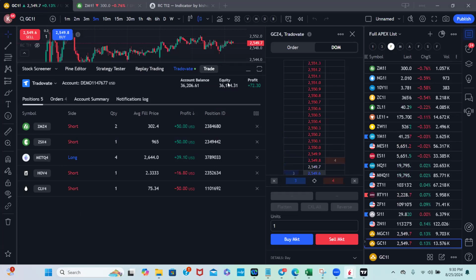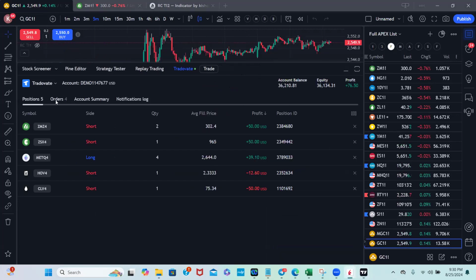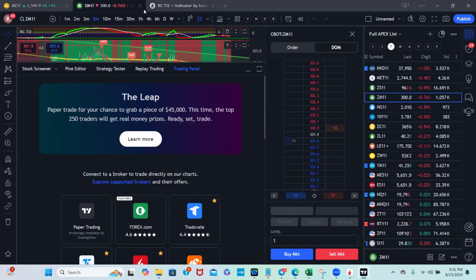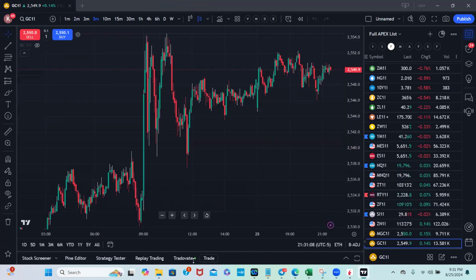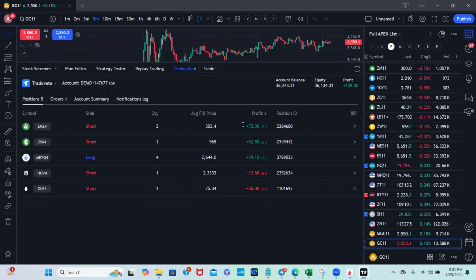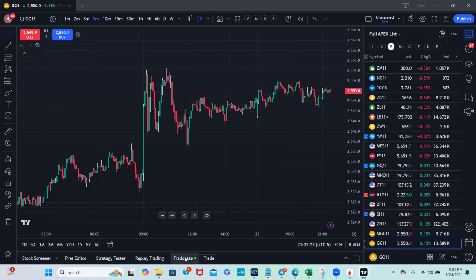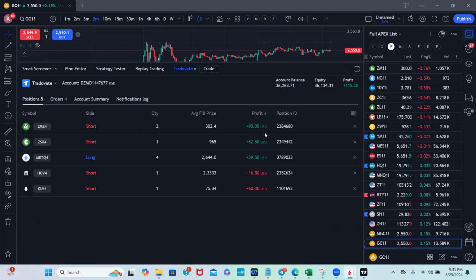It looks like it is hanging somehow. But basically, if you go to this orders tab, you will see the stop loss order, you will see the target, everything.